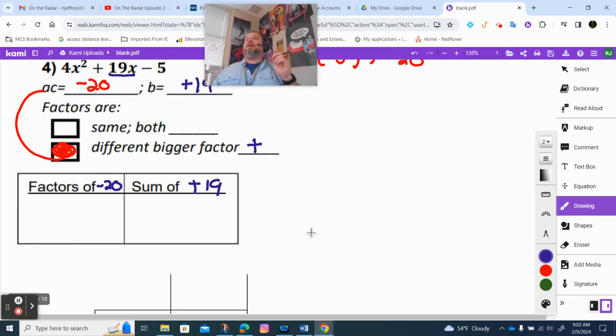Yeah. Everybody, how many of y'all want to say 4 and 5 right at the very beginning? Yeah, I did too. Because if I did 4 and 5, I get 1. So I am going to have to use 20 and 1.